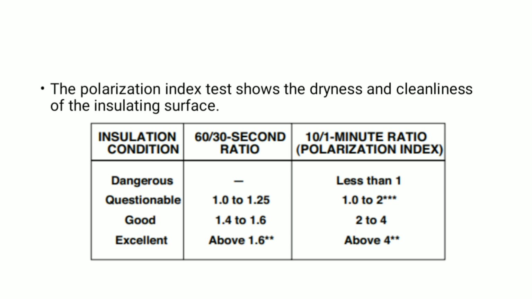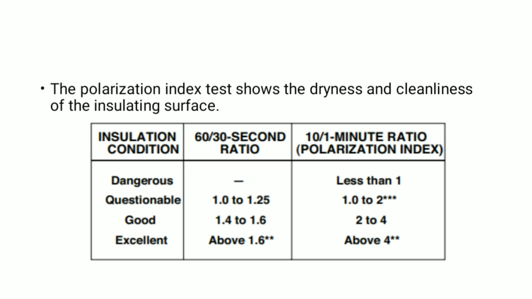DAR and PI tests are basically carried out to check the quality or status of your insulation, how much it has degraded. The polarization index test shows the dryness and cleanliness of the insulating surface.